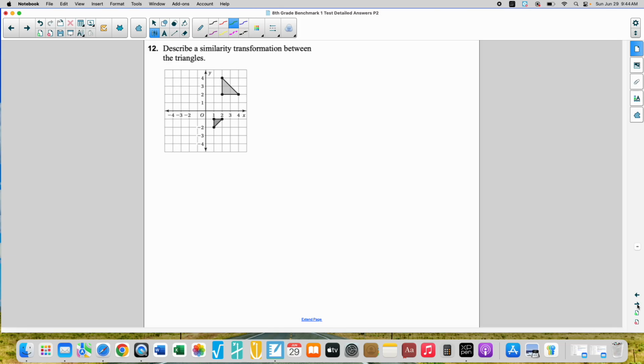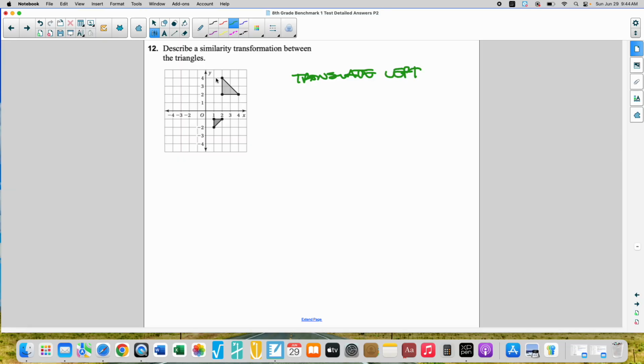Describe the similarity transformation between the triangles. Well, okay, so let's do translate. Ooh, maybe that's a dilation. No, we're going to translate it left 1.